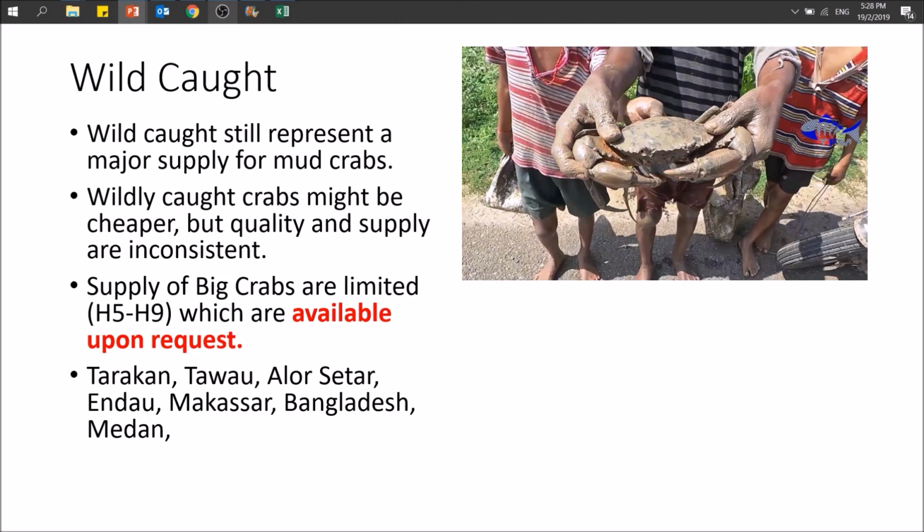However, in recent years, we have seen that the supply of bigger crabs is usually limited. This ranges from 500 grams and above. Popular locations to find crabs include Tarakan, Makassar, Bangladesh, Medan, and so on, as mentioned earlier.